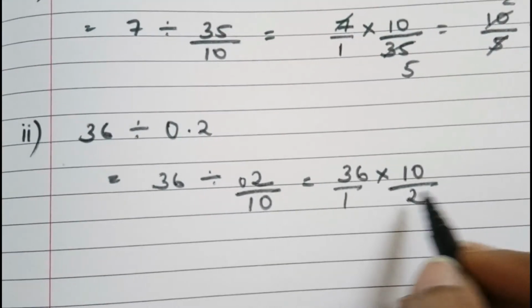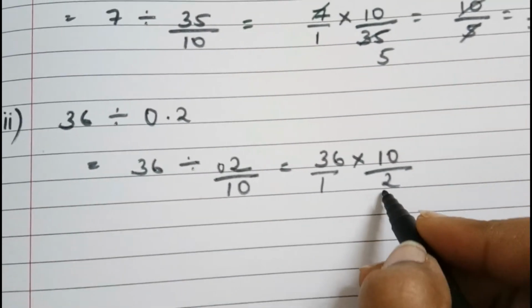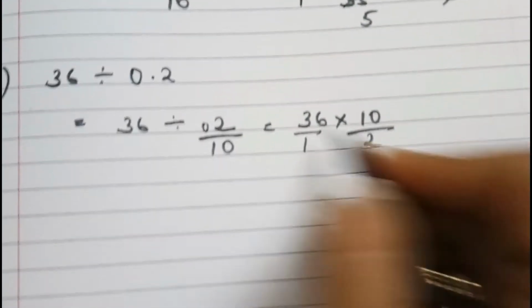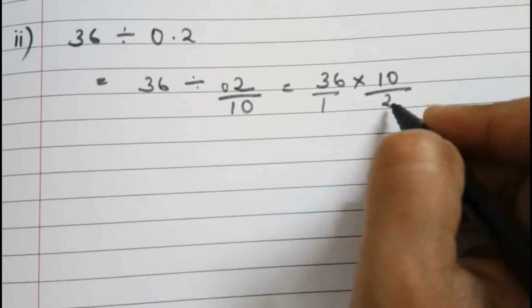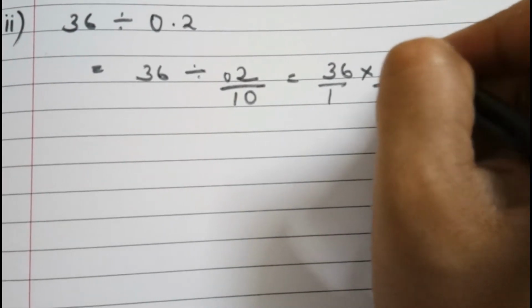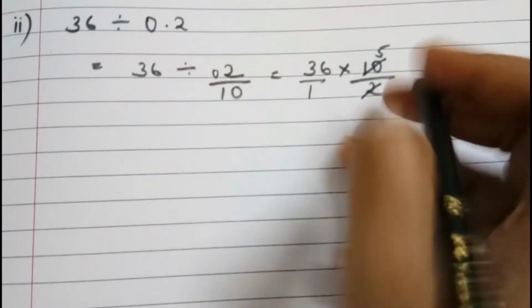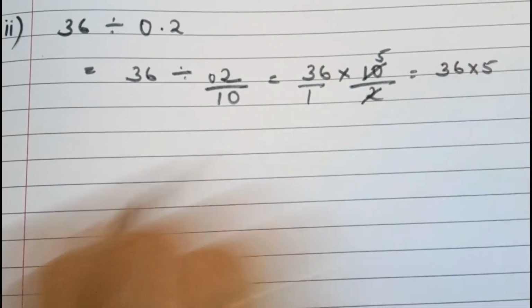Now let's start the simplifying part. 2 will go in 10 how many times, or 2 will go in 36 how many times, whichever is easy and comfortable for you. Say 2 will go in 10 5 times. So 36 into 5.